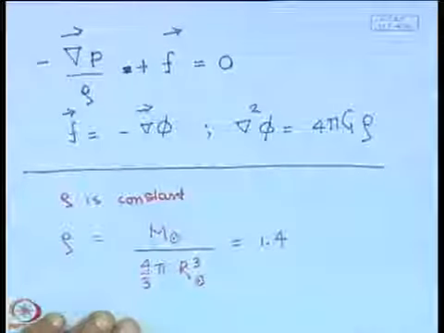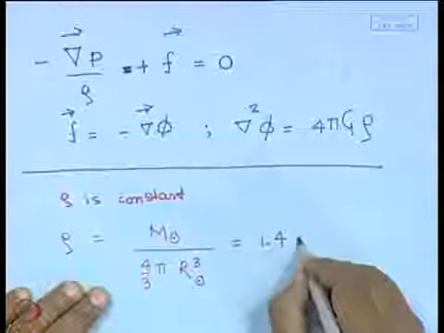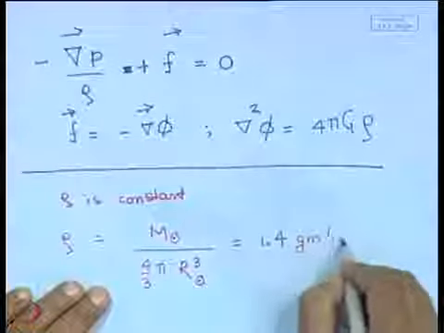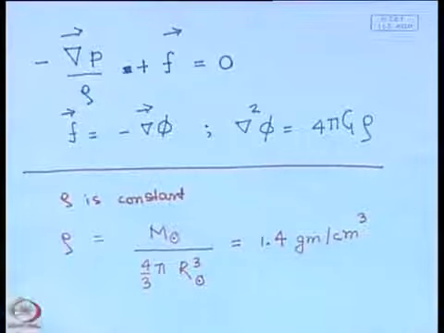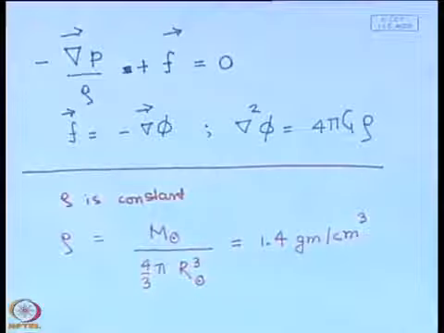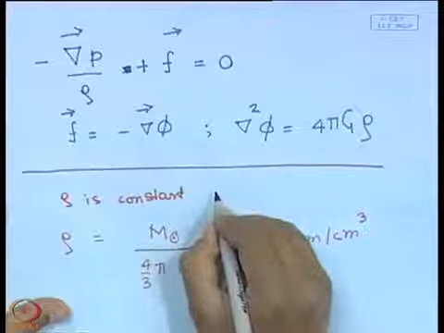1.4, let me express it in grams per centimeter cube. So, the density of the sun is comparable to the density of water. For comparison, let me also tell you the density of the earth.